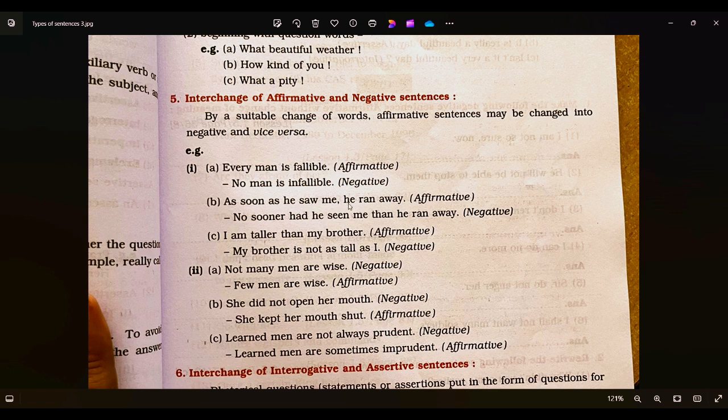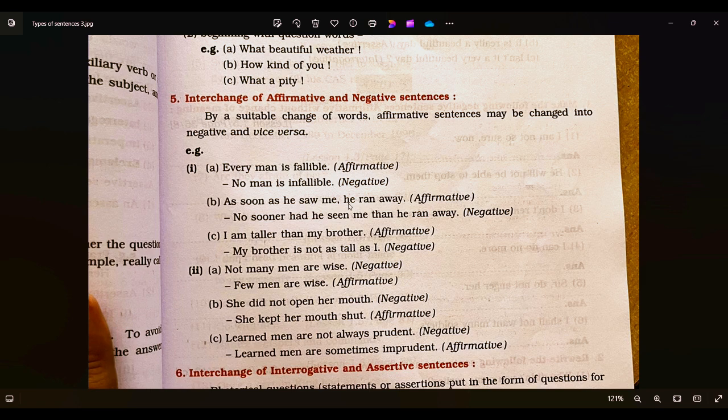But we have a format for no sooner, and you must remember this format. Whenever you are using no sooner, after that the clause should be in a question format. So instead of he had seen, we are writing had he seen, because in interrogative format we put the helping verb first and then the subject and then the extra words.